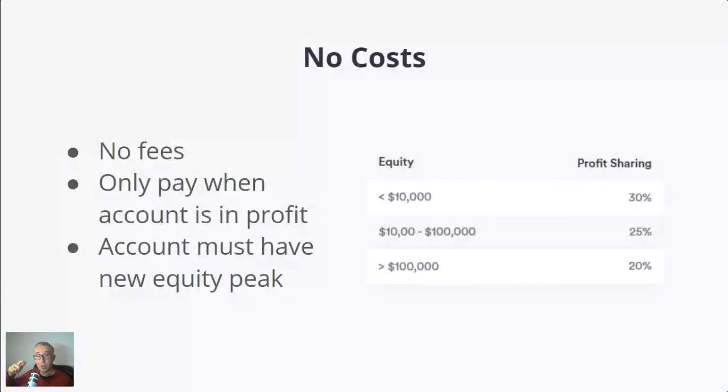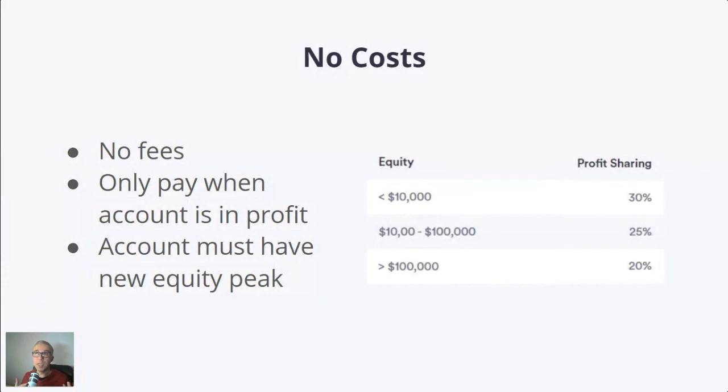Then the next month, the account goes down. No profit, so no sharing. Then it goes from 3 to 2,000, then up to 3 again. No profit is shared because you need a new peak. You need to pass the previous top point of your account before profit is shared.